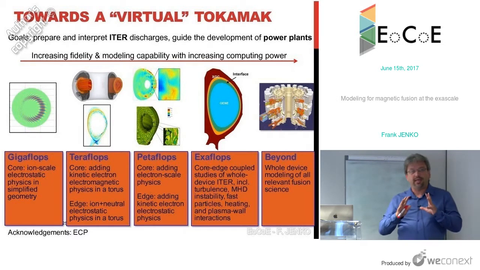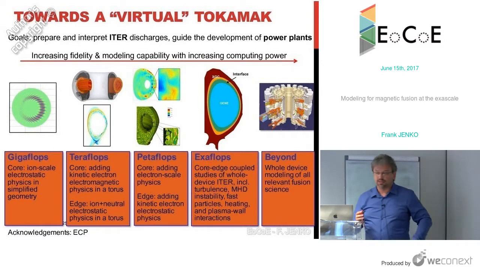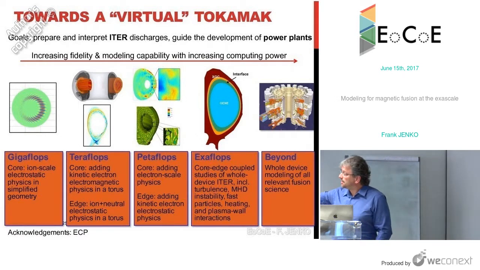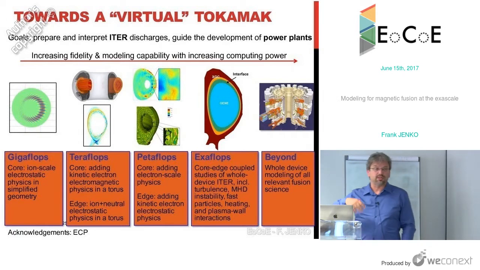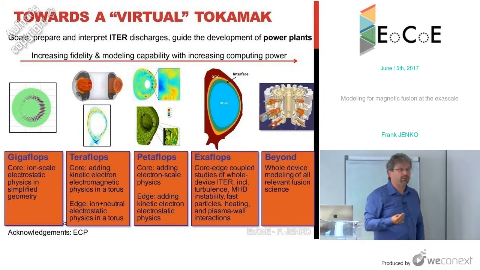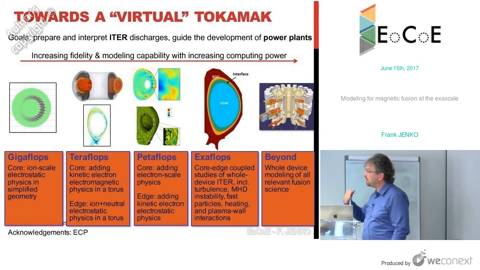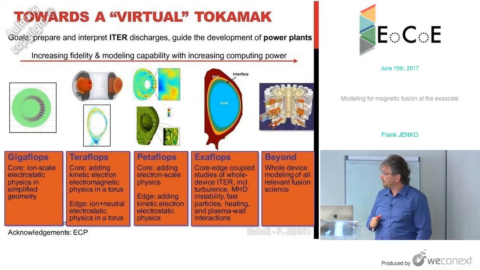Yet we got a first glimpse into the turbulent processes that determine this energy confinement time. Several years later, in the teraflop era, we were able to spice up the physics content. Now the simulations were much more realistic. The geometry was realistic, and we were able to start doing first comparisons with experiments.